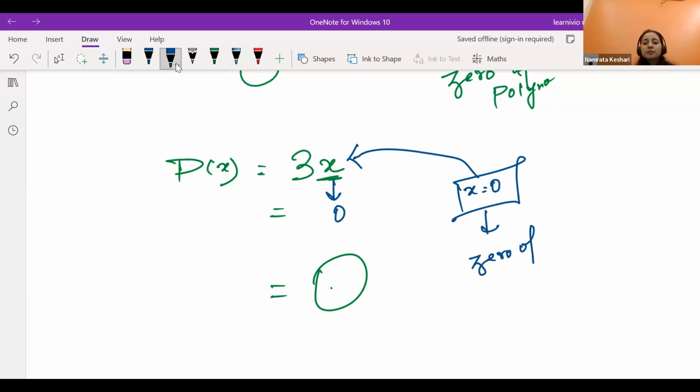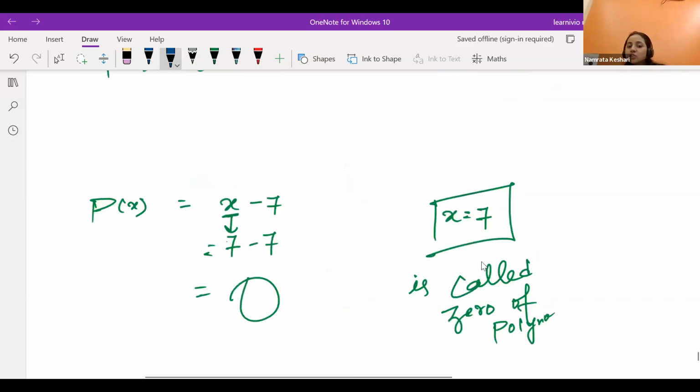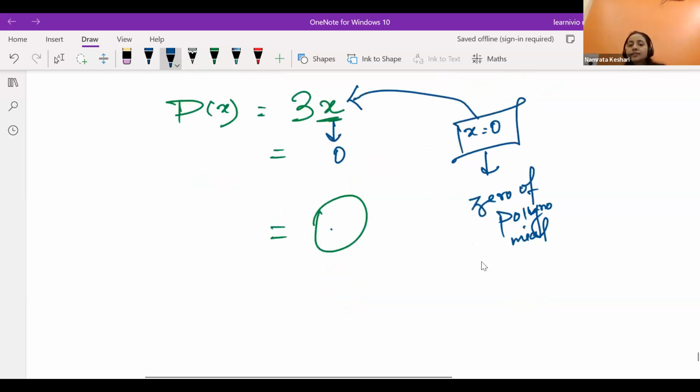So again I would repeat, 0 doesn't always mean that x will be 0. It can be in some cases. In the previous scenario, x equals 7 is called the 0 of the polynomial. In this scenario, x equals 0 is called the 0 of this particular polynomial.